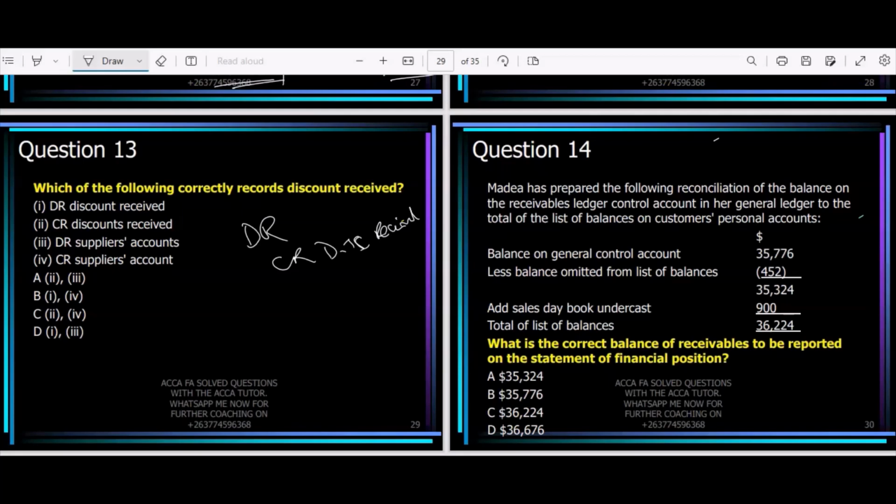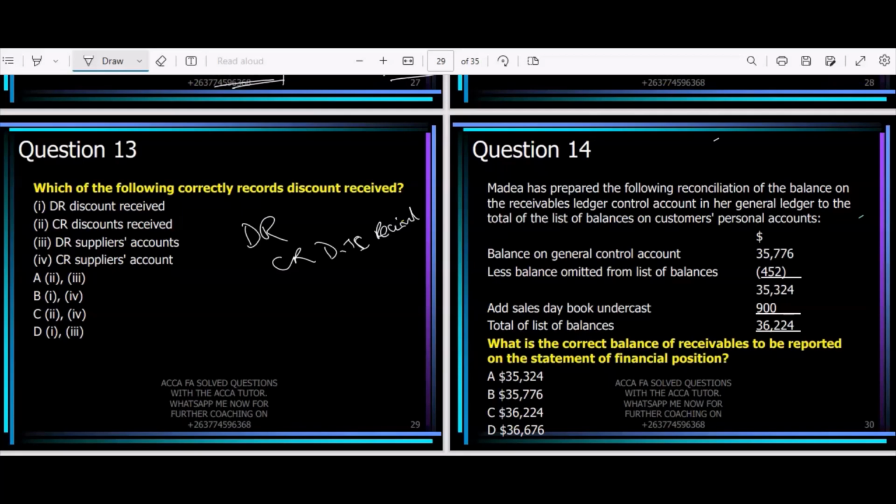And if you remember your PO's acronym, we say that all incomes, liabilities, capital are increased by crediting. So if we receive discount, we are increasing income, we are increasing the discount received account balance. So we are crediting the income, and debiting the suppliers or the payables.